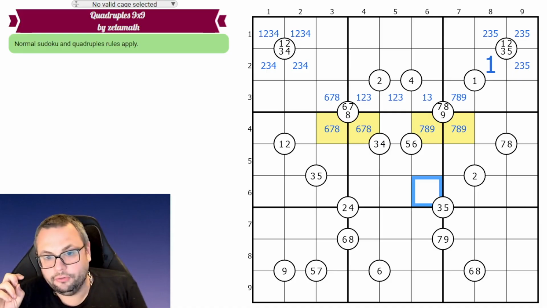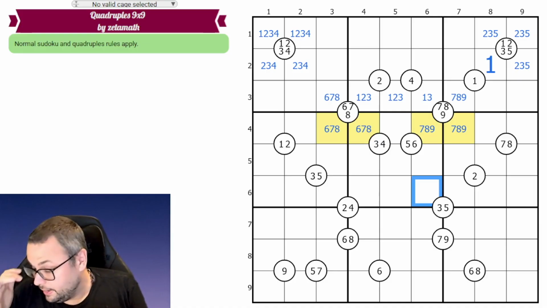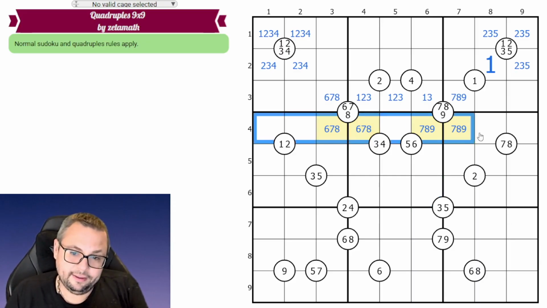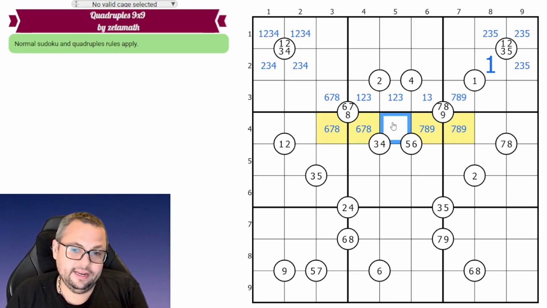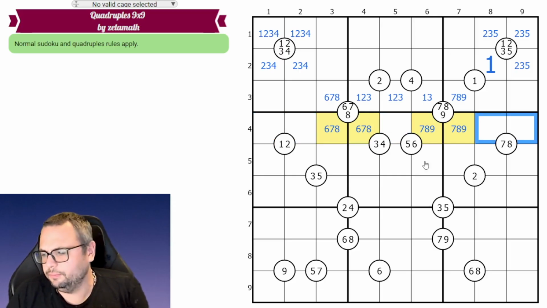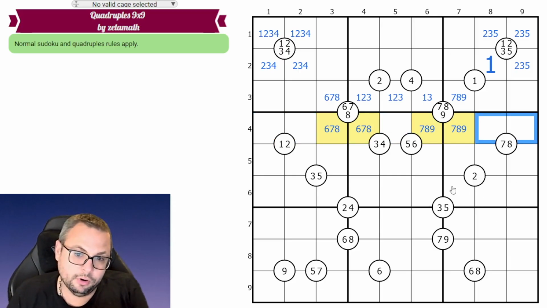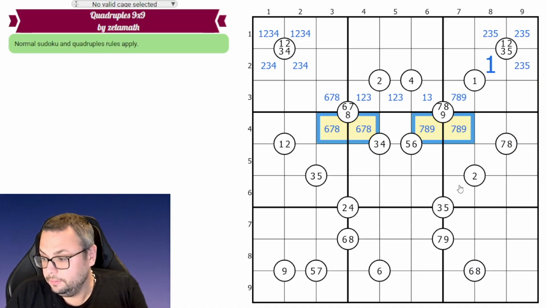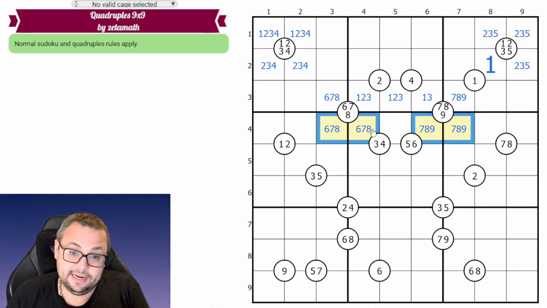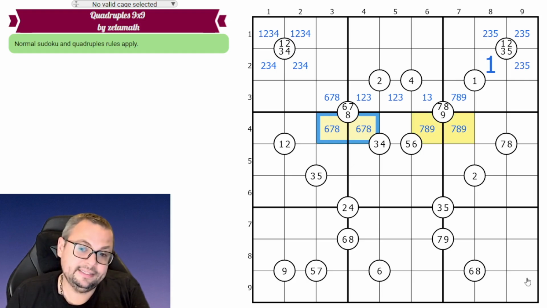Now, it's important to remember when you have a quadruple like this, that it doesn't just give you eliminations in the pencil marks. It also gives you some sort of implicit or explicit corner marks. Namely, one of these cells definitely is 9, because they have to be the 4 digits 6, 7, 8, and 9 in some order, and it's not these.